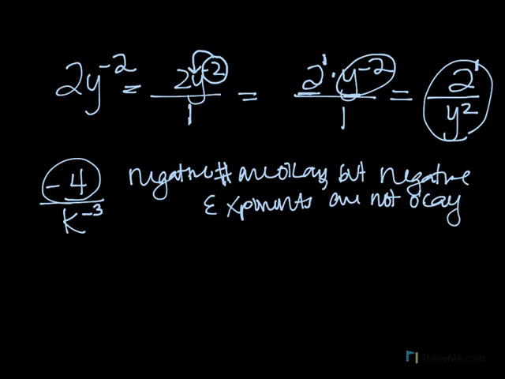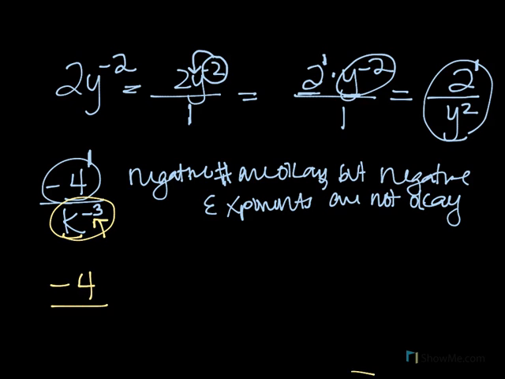Okay? Negative numbers are okay. So negative 4 is raised to the first power. What's not okay, I'm using my yellow again here, is k to the negative third. Why? Because this is repeated division, and you have to show it as repeated multiplication by making it positive, so you have to move it.